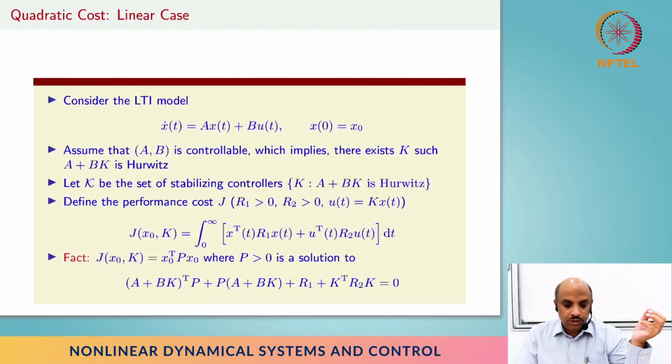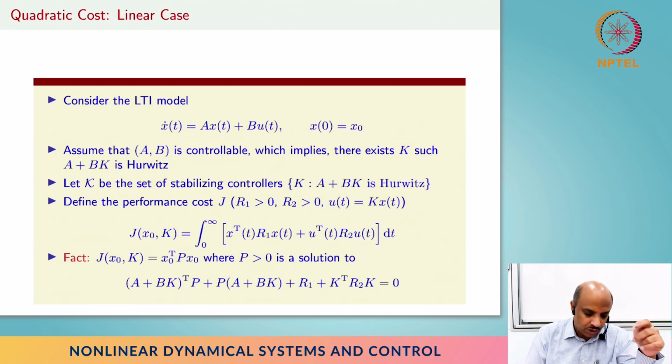Essentially, therefore, it becomes a standard optimization problem. We want to minimize this particular quantity, which depends only on P, and that satisfies this particular quadratic equation.